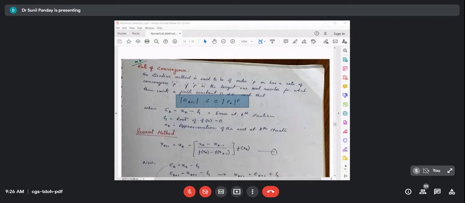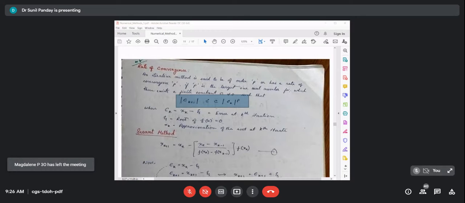If I use one more iteration, then the error at the next step, epsilon 2, is 10 raised to power minus 4. Similarly, epsilon 3 is 10 raised to power minus 8, so 2 is multiplying everywhere. Then epsilon 4 is less than or equal to 10 raised to power minus 16. This is the way the method is improving the error.